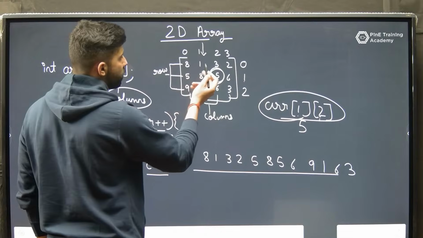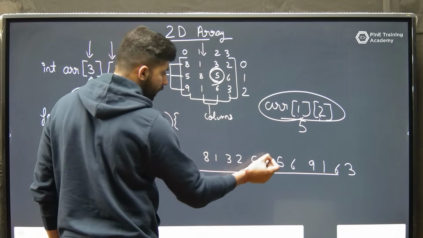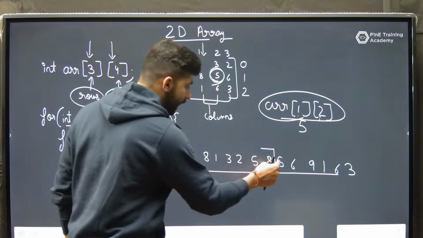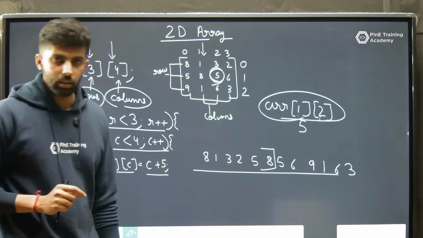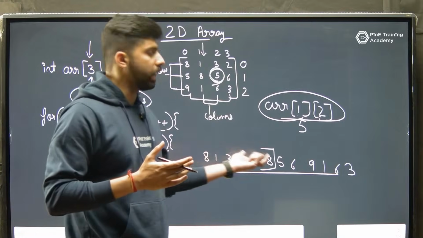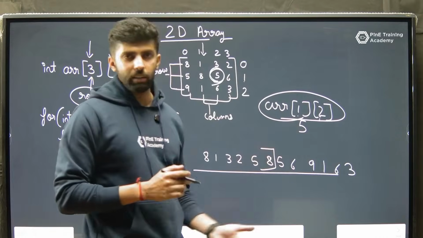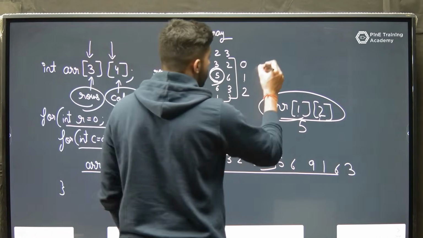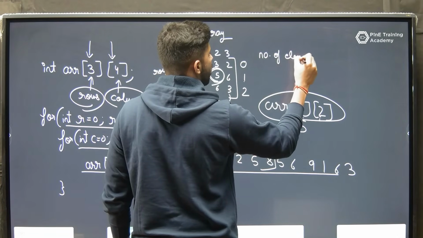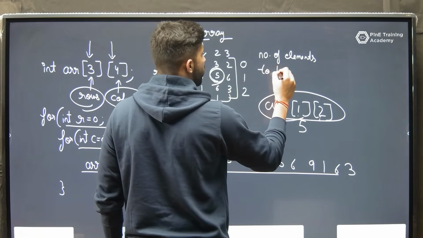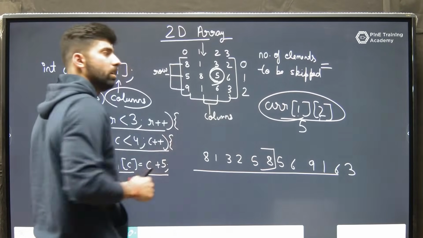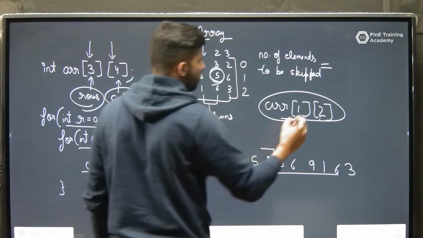For example, these many numbers should be skipped so that I can get my answer. So if we are able to figure out how many numbers we need to skip, we will get our answer, right? So what the computer does is calculate the number of elements to be skipped, and it is able to give the correct answer.